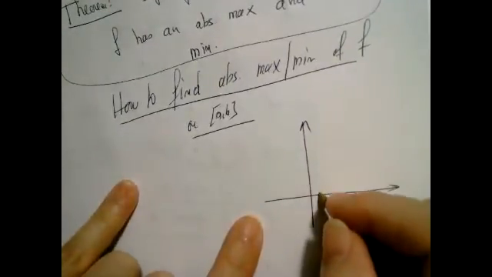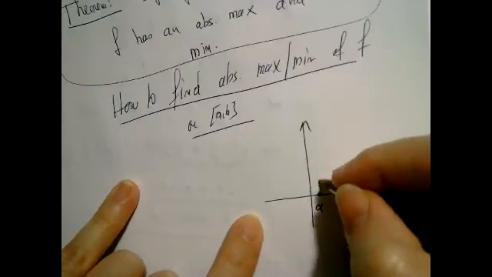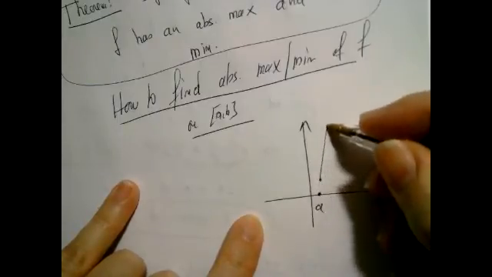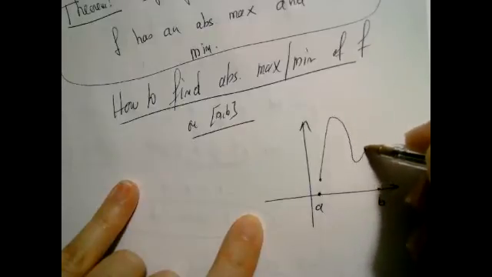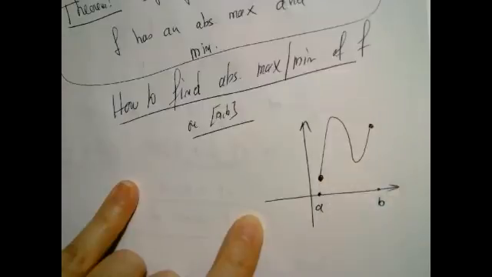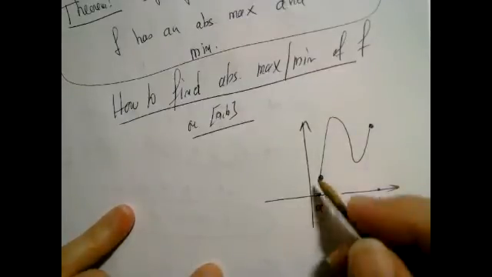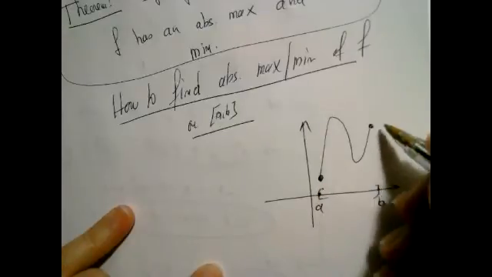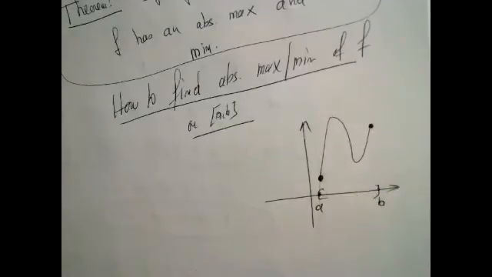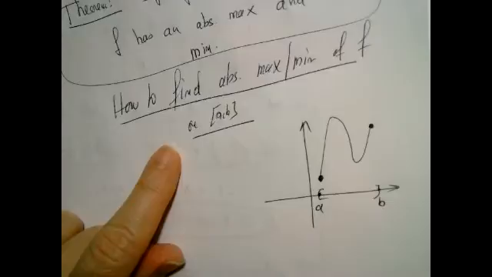Suppose you have, this is my A and this is my B, right there. And I have my function, which is, okay, let's go up, down, something like that. This is my function. That's a continuous function, and that's my interval AB, and it's closed, so those points are inside my interval. So intuitively, where can the absolute max or absolute min occur?